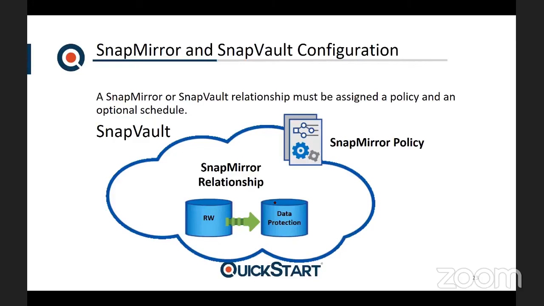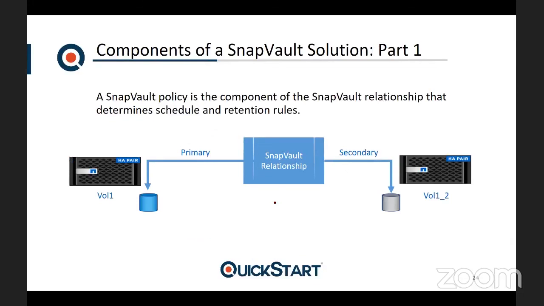For SnapVault, we have to specify an additional setting. So SnapVault differs from SnapMirror in the sense that SnapVault is not an exact replica, but it contains more snapshots on the destination.